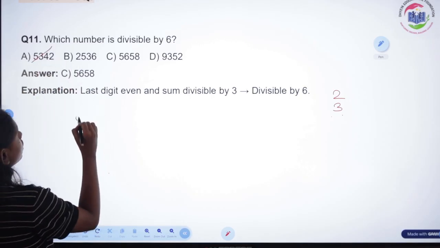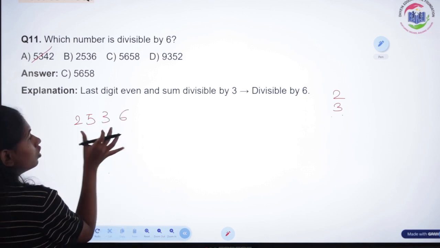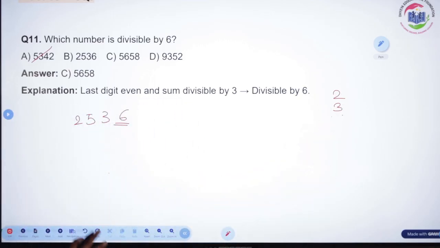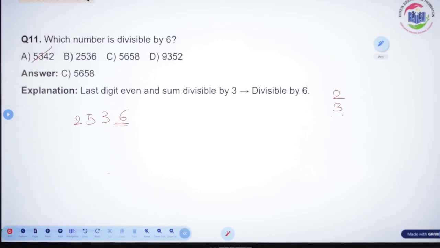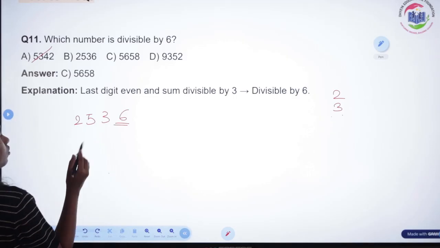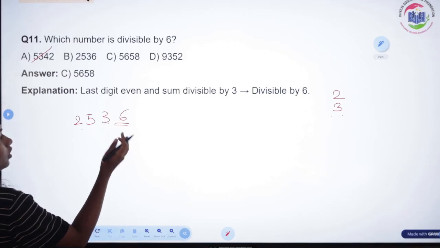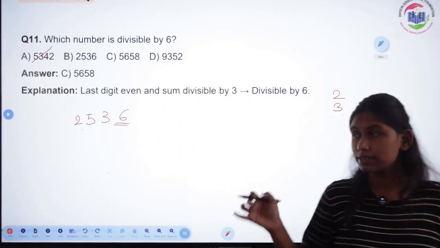The next option is 2, 5, 3, 6. Here the last digit is also even, so the first condition is satisfied. Then, the second condition: check whether it is divisible by 3 or not. Let's check: 2 plus 5 is 7, 8, 9, 10, 11, 12, 13, 14, 15, 16.